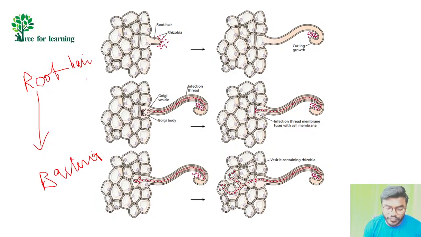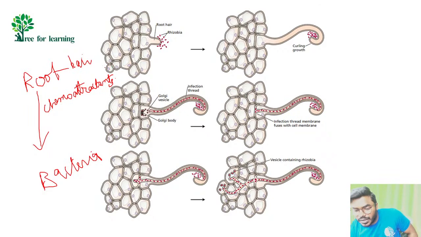Now every student follow my words. If the root hair wants to attract the bacteria, every one of you listen to my statements correctly. They are releasing certain chemicals. What do you call those particular chemicals, friends?